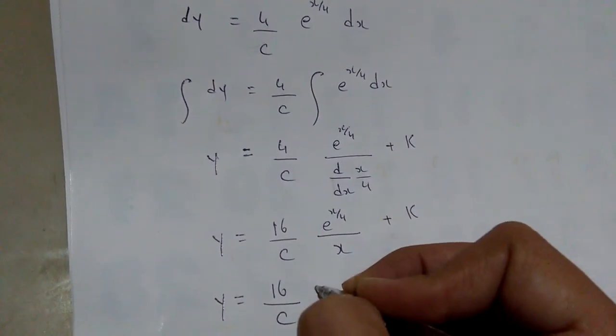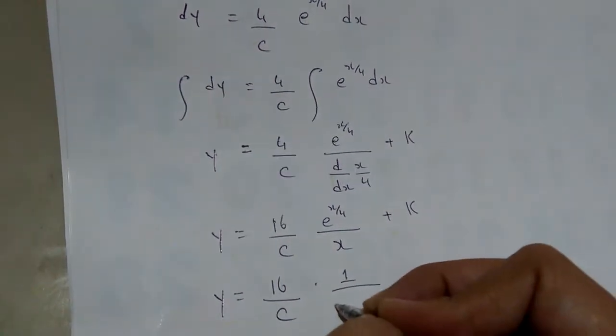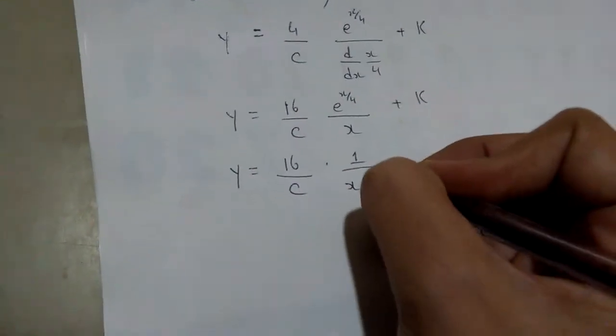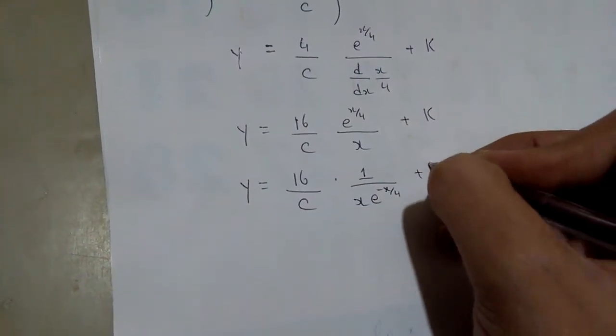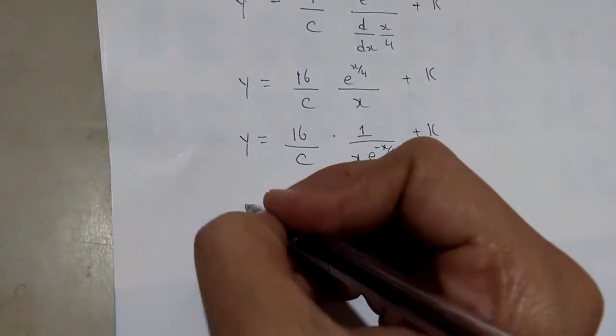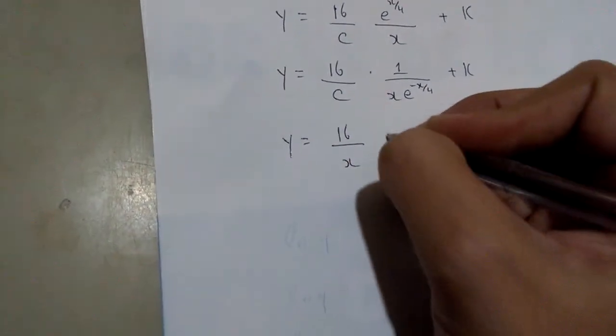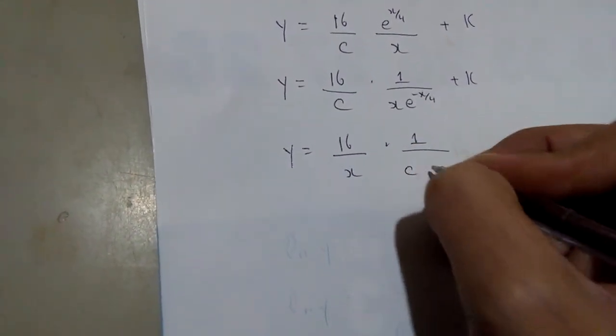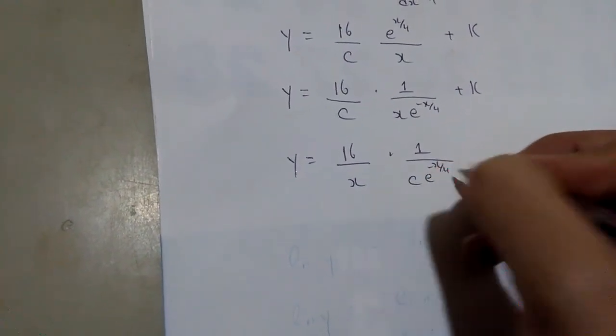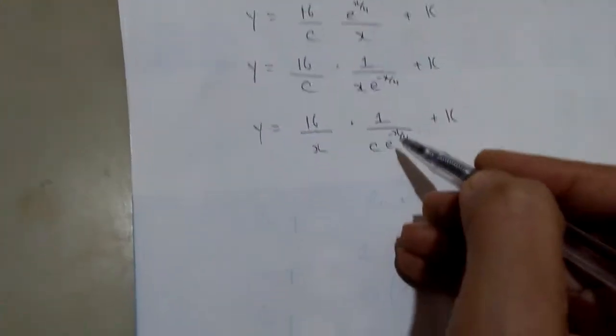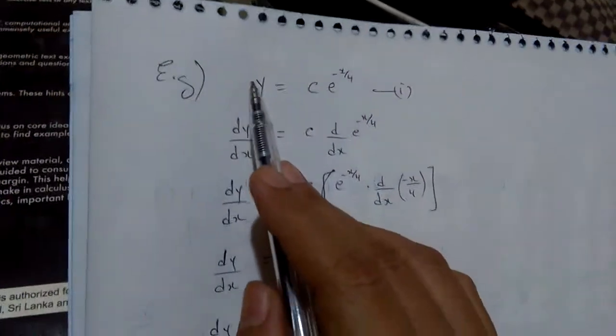How about if I just try to make a nice format? I just move this exponential over here, and I just make a nice adjustment, plus some constant. So you see this thing is equal to y.